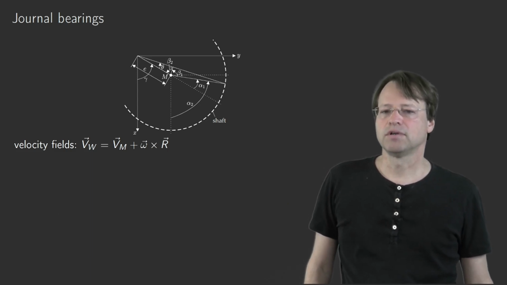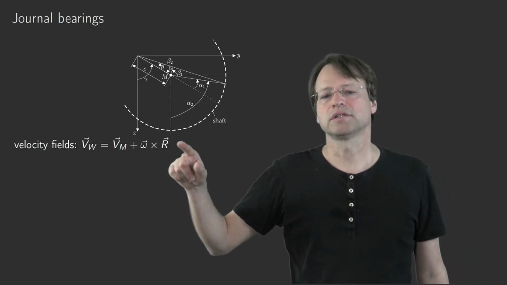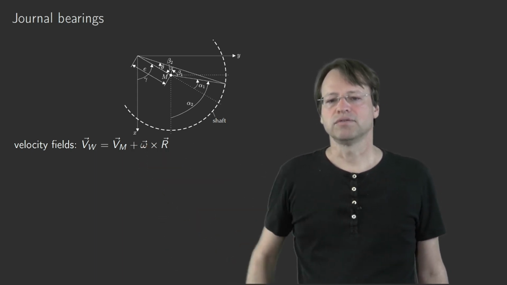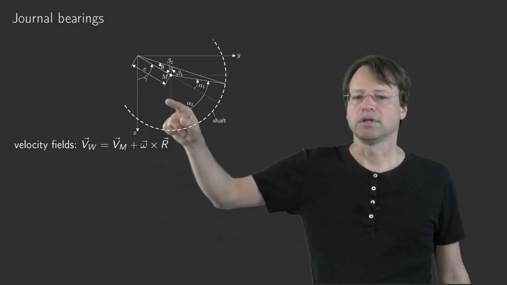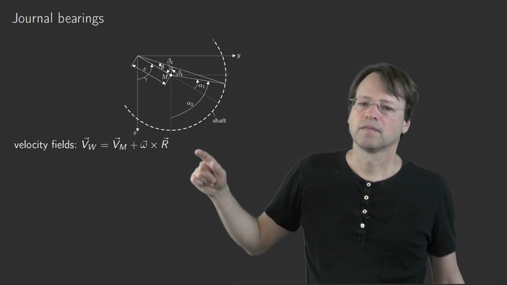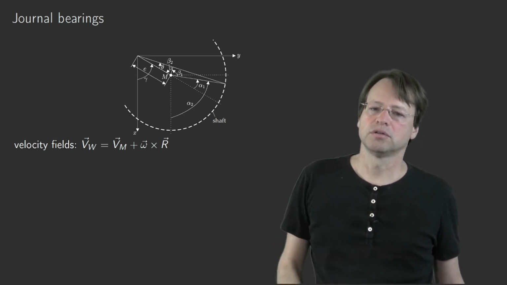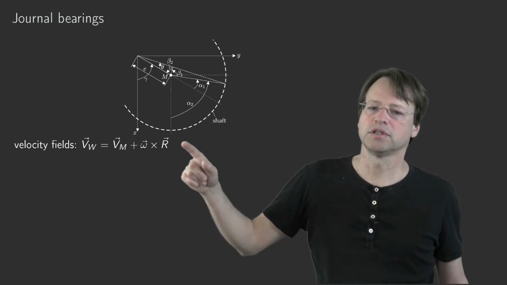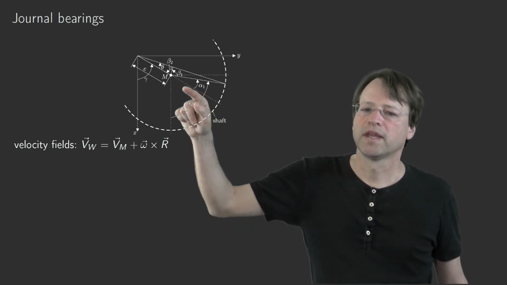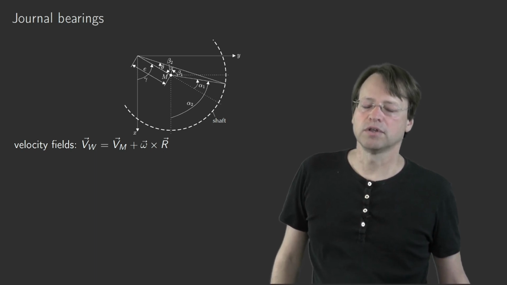So what can be said for the velocity field? Well, the velocity field at any point at the circumference is given by the velocity field at point M. And then you would have to take the vector product of the rotational velocity with the position vector from M to the corresponding point on the circumference of the shaft.